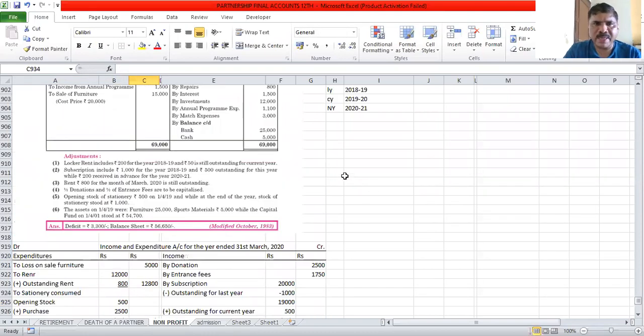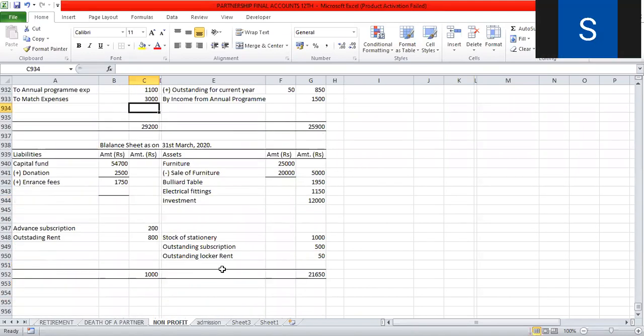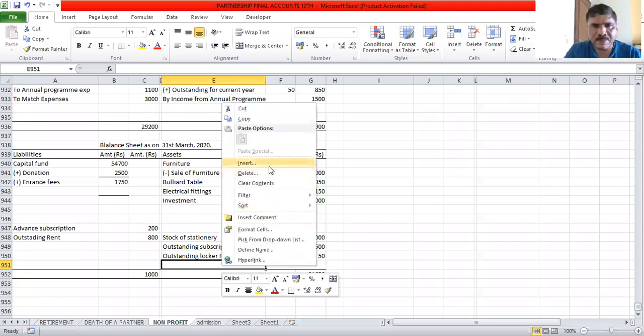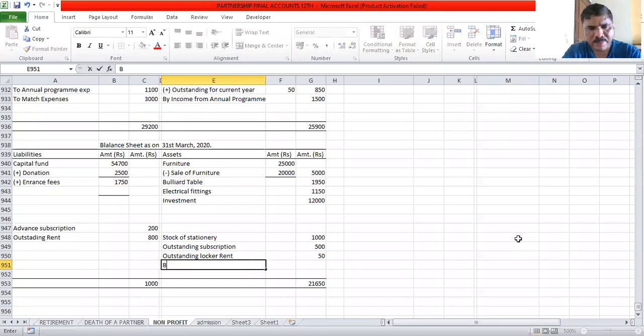Next, balance carried on, that is the closing balance of bank balance and cash balance. Where will you take bank balance and cash balance? Asset side. What is the bank balance?